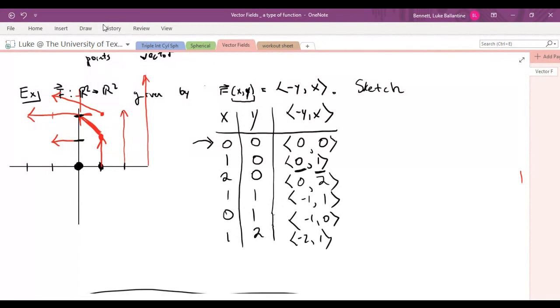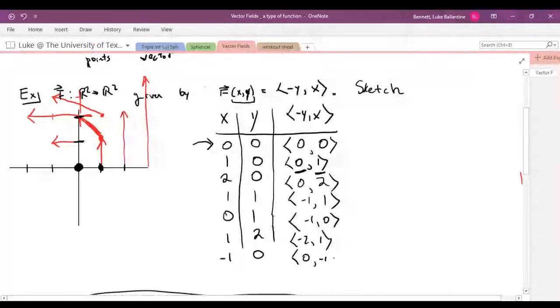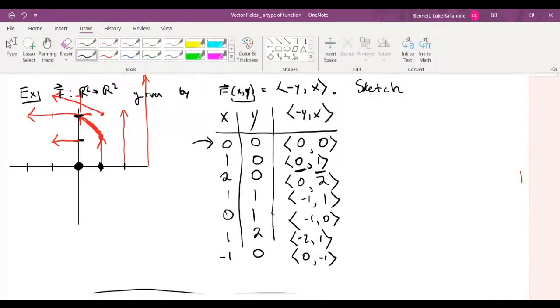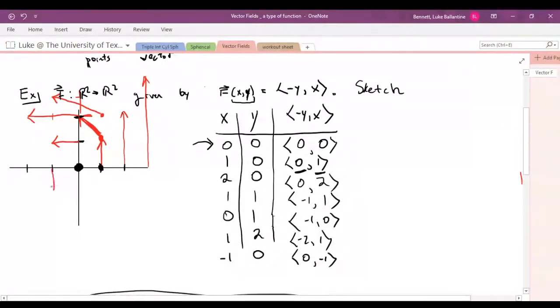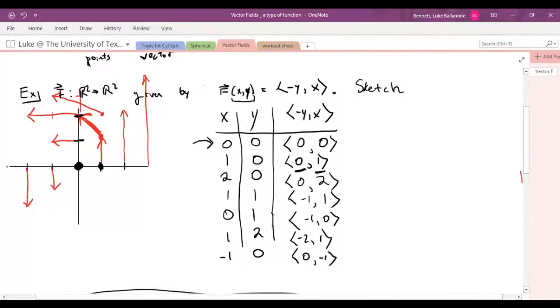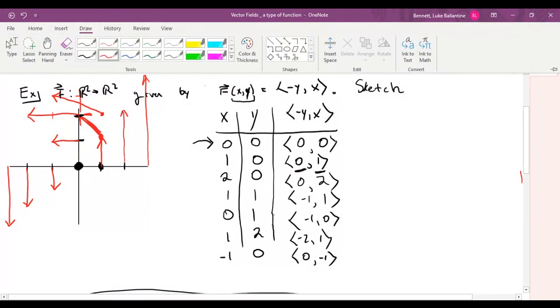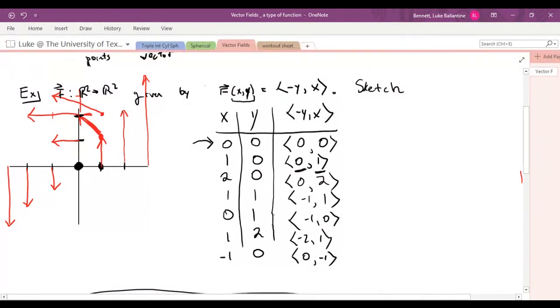Okay, so let's do a couple more points. If x is negative 1, y is 0, we get 0, negative 1. So that's going to be like this. This one would go down twice, and 3 would go down thrice. And so we can see what's going on with this vector field. It kind of goes in a circle.